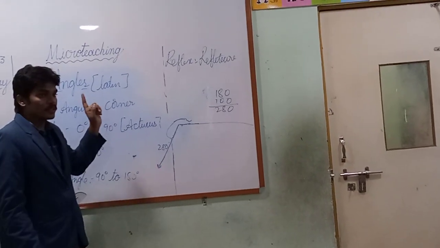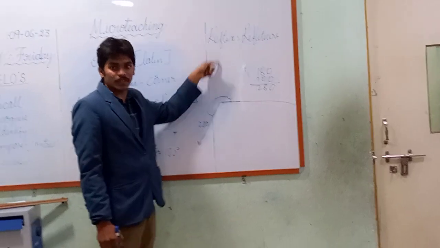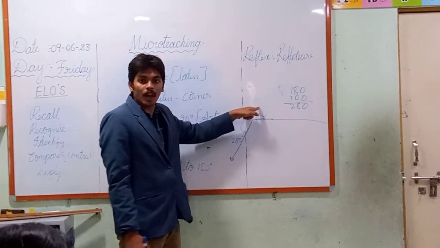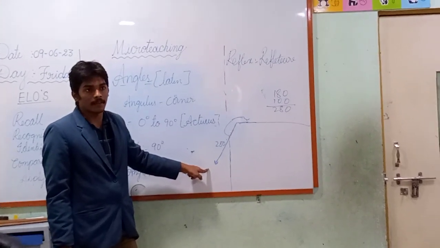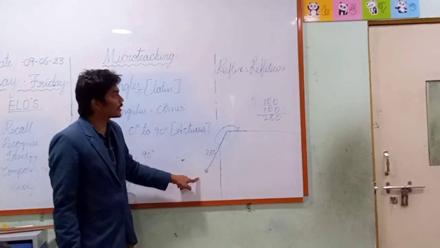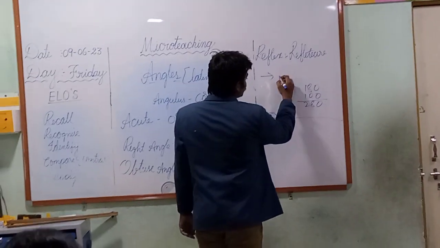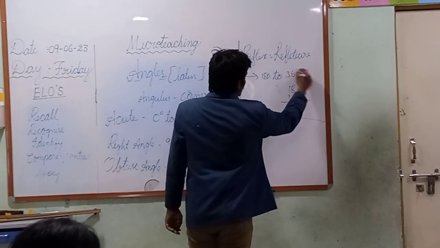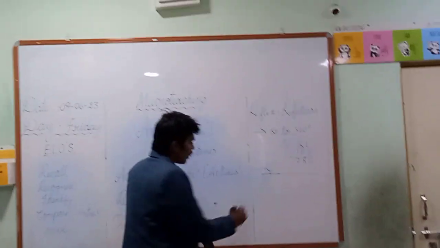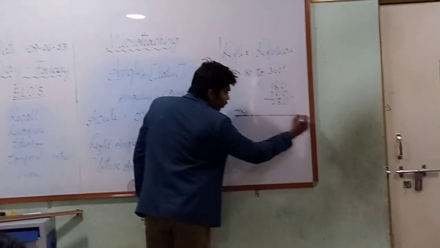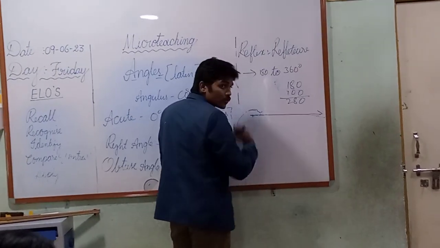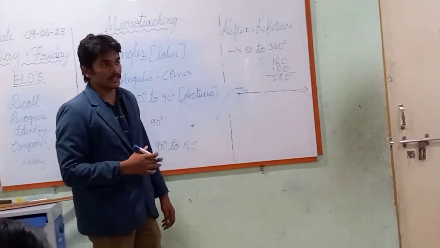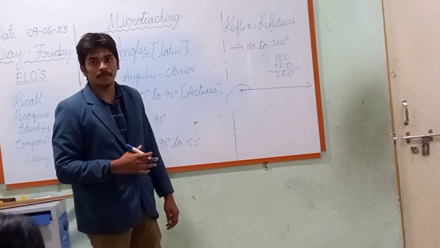A right angle stood straight, an obtuse angle is somewhat bent, and a reflex angle almost bends to its back. So it is called a reflex angle, and it lies between 180 and 360. When this line coincides with this and completes one rotation, that is called a complete rotation, or the angle of 360.